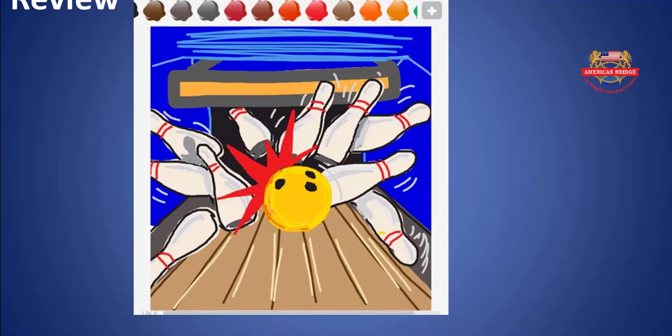Many objects hit together and sometimes make a sound. We call that strike. When you hit something, like you knock and make a sound, we call it strike as well.